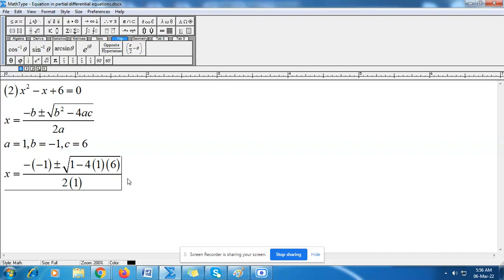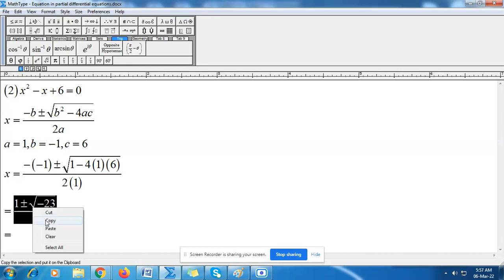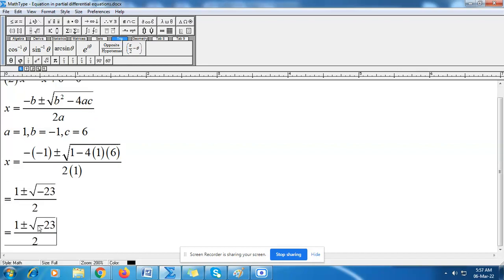And then minus of minus 1, plus or minus root of 1 minus 24, which is root of minus 23, by 2, which is equivalent to 1 plus or minus root 23 into i.